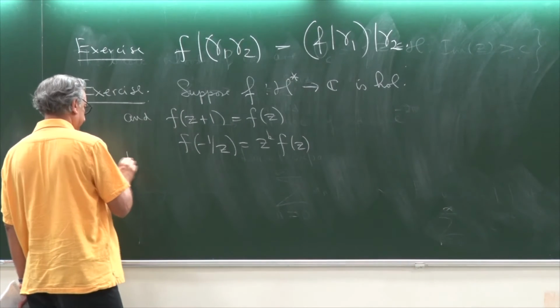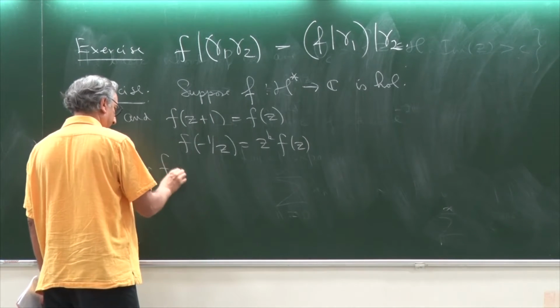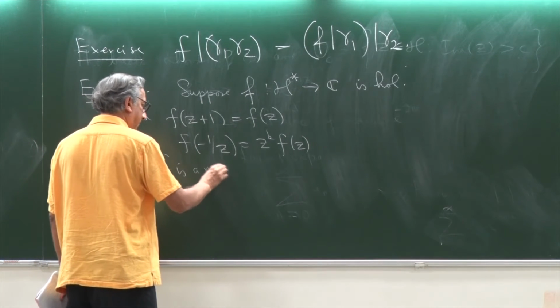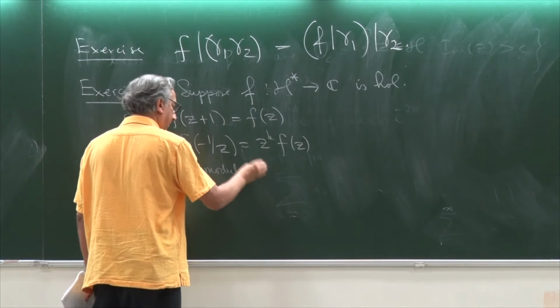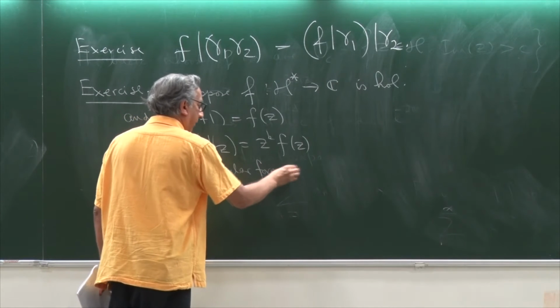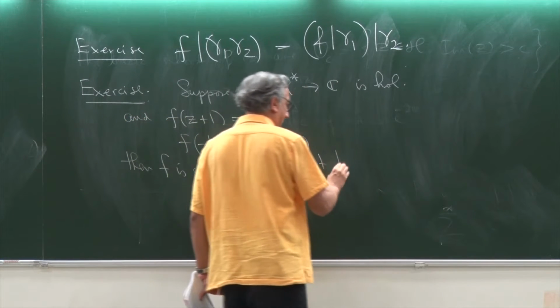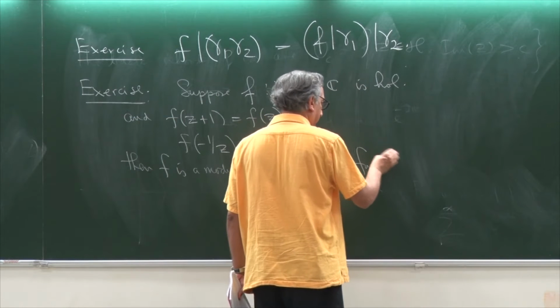Then f is a modular form of weight k for the full modular group.